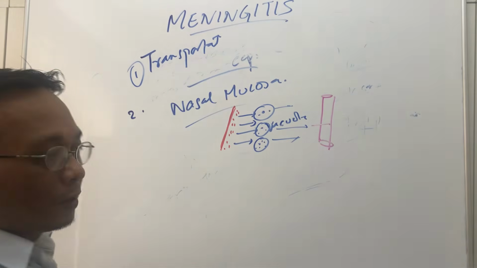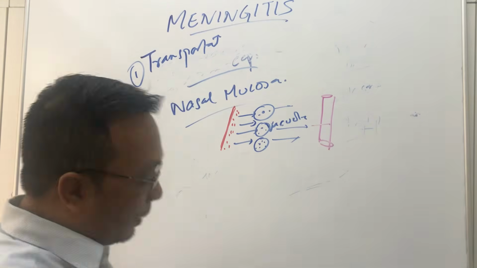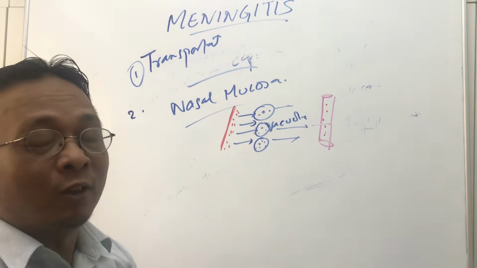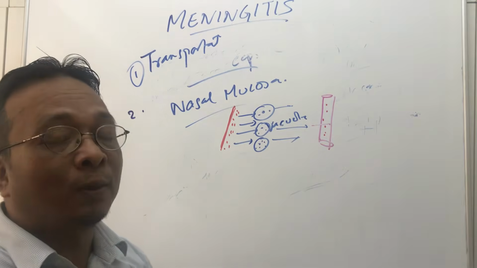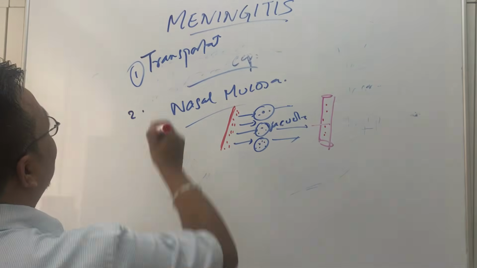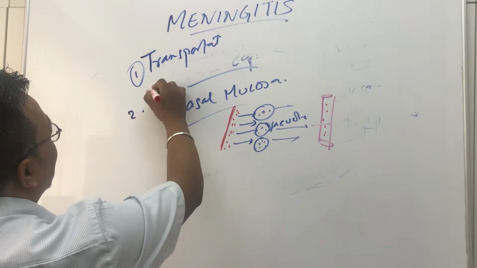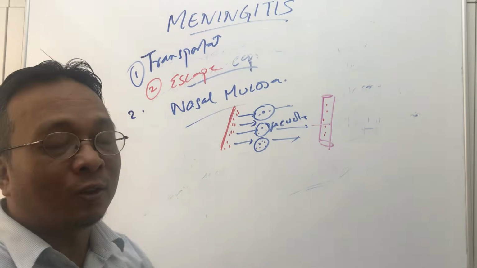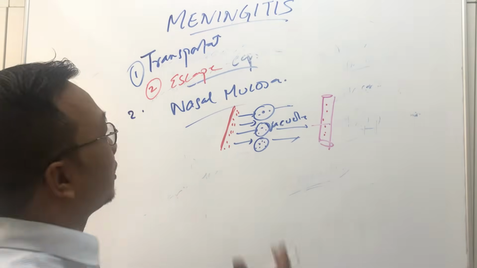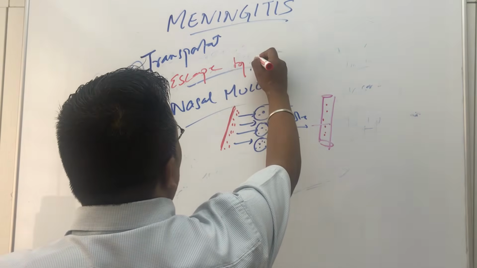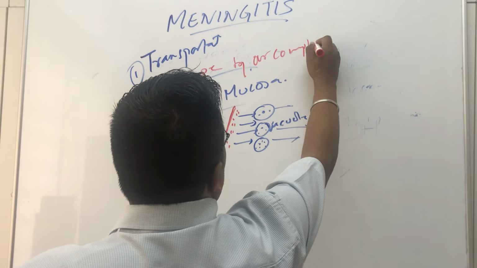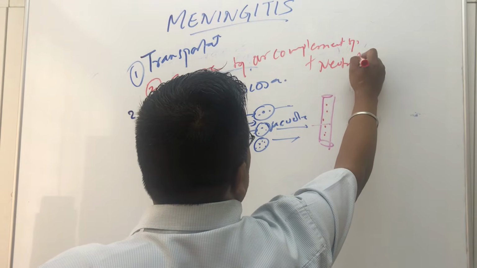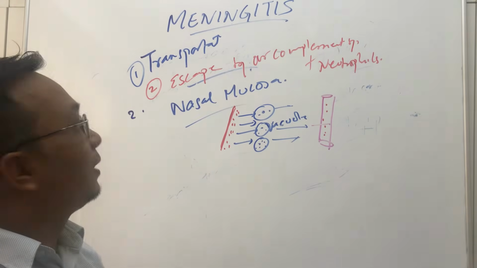So first is transportation. Next, once these bacteria are in the blood, they cannot be easily phagocytosed. After transportation, they escape phagocytosis and neutralization by our complement system and neutrophils. How? Because of the presence of polysaccharide capsules.